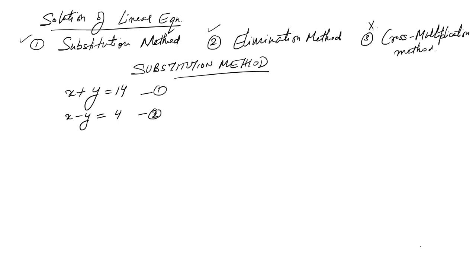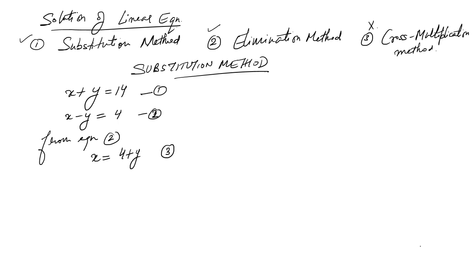In this method, what we'll do, we'll substitute the value of one variable from one equation and put it into second one, right? For example, let's say from equation 2, what we can find, x की value होगी x is equal to 4 plus y, right? We are finding variables value from second, so we'll put it in first.